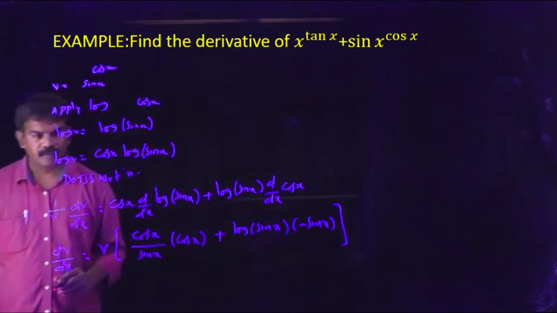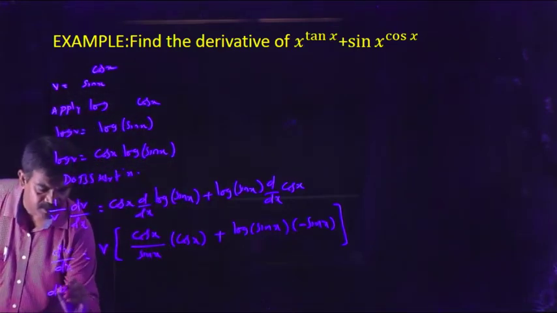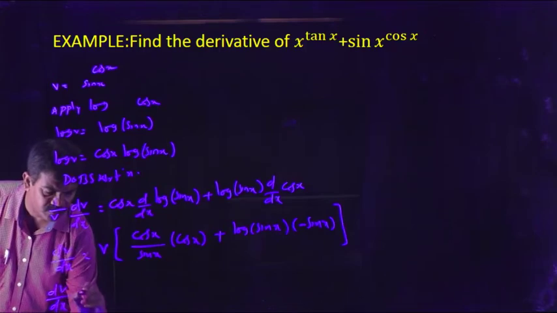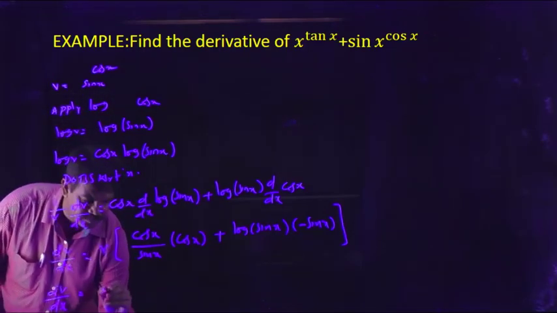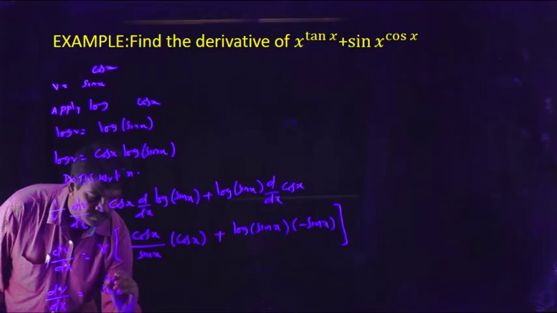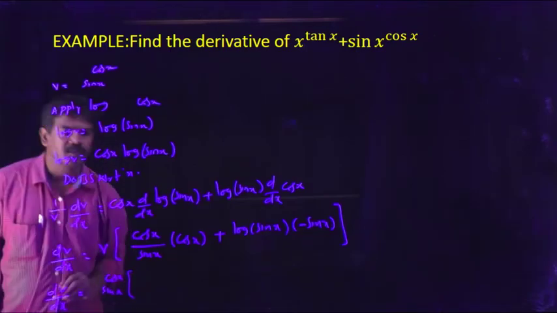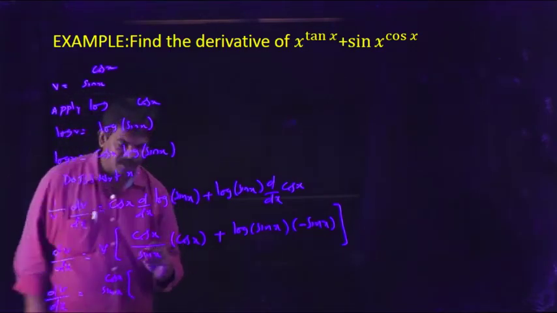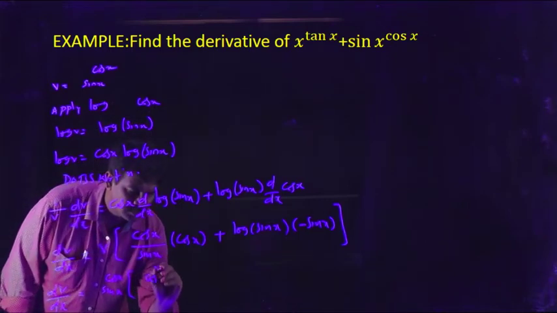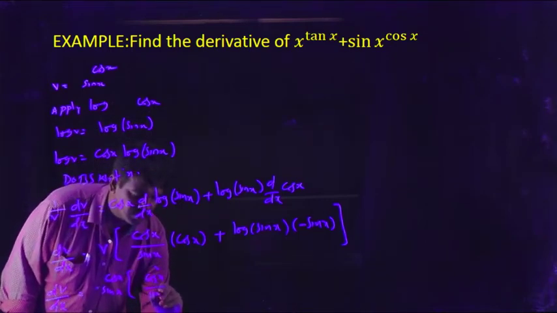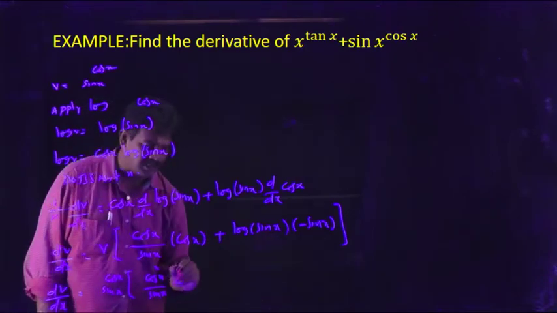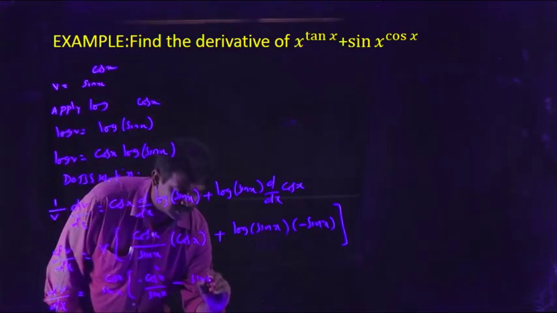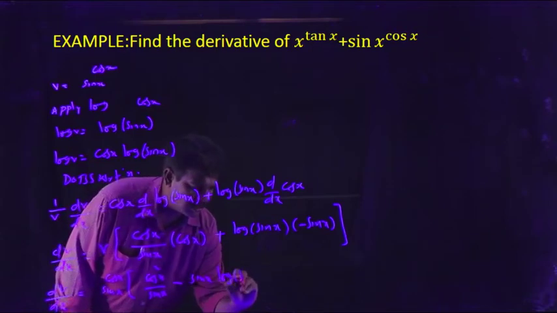So dv by dx is equal to v, that is sin x power cos x, into cos x into cos x, cos square x by sin x, plus minus sin x into log of sin x.